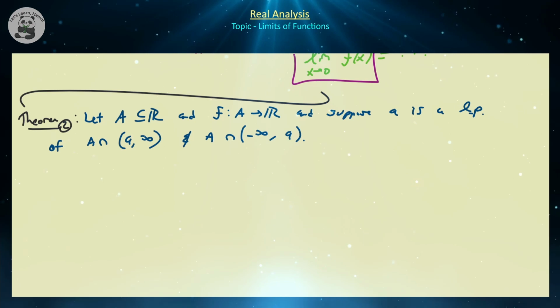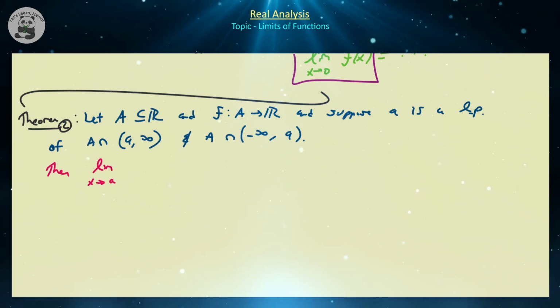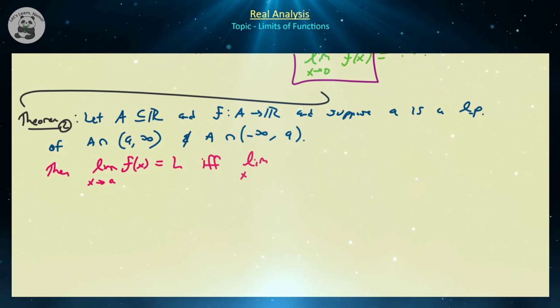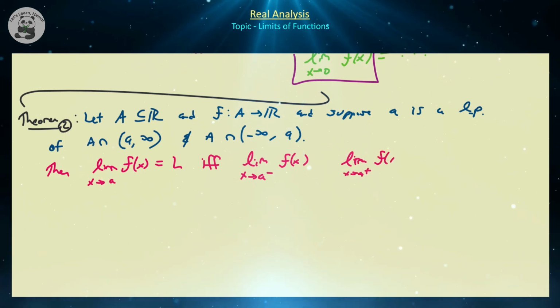This theorem says the following. The limit as x approaches a of f of x is equal to L if and only if the limit as x approaches a from the left and the limit as x approaches a from the right are equal to each other, and equal to L. So for our example, they weren't equal to each other.